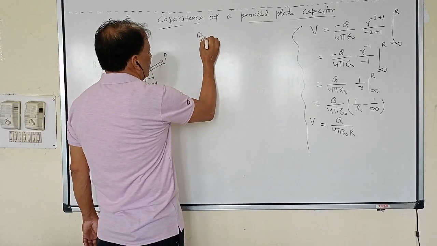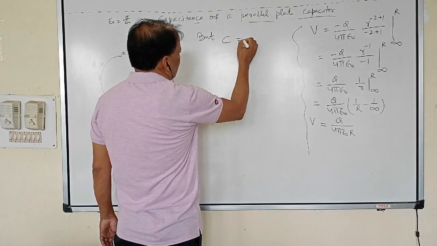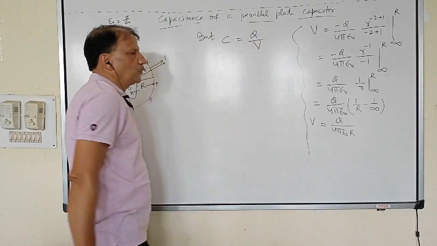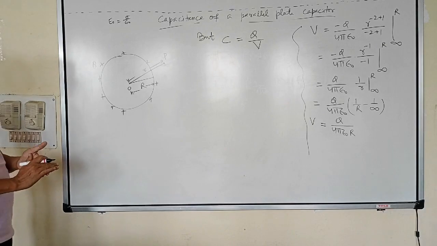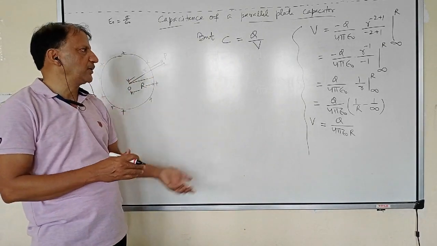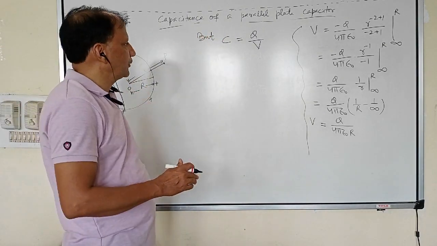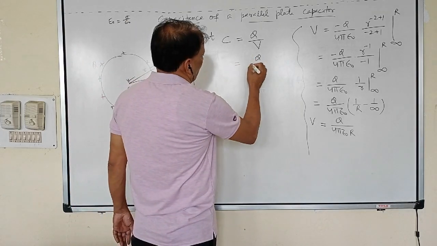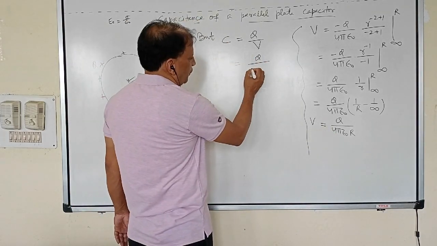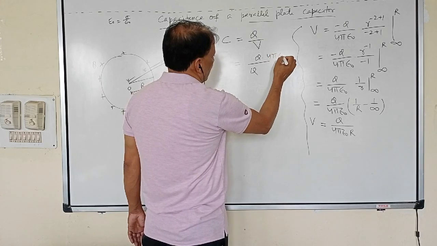But from definition, capacitance is given by C is equal to Q upon V. We have seen earlier from the definition of capacitance, charge holding capacity, C is equal to Q upon V. From here, Q, and what is V? Putting the value from here, Q upon 4 pi epsilon naught R. Q gets cancelled.